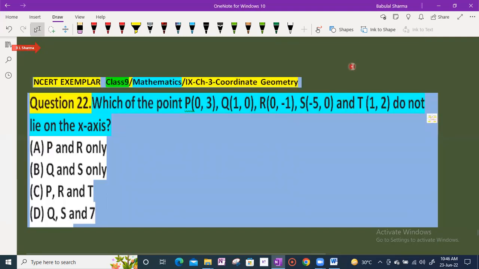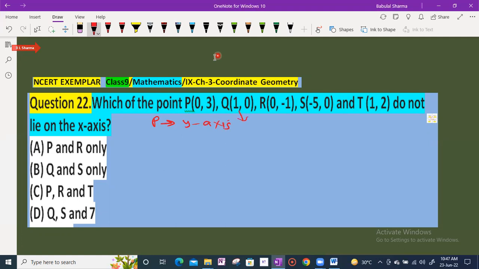Next question is on your screen. Which of the points P(0, 3), Q(1, 0), R(0, -1), S(-5, 0) and T(1, 2) do not lie on the x-axis? देखिए x कोऑर्डिनेट जिसका 0 होता है वो y-axis पे लाई करता है, this point P will lie on y-axis.